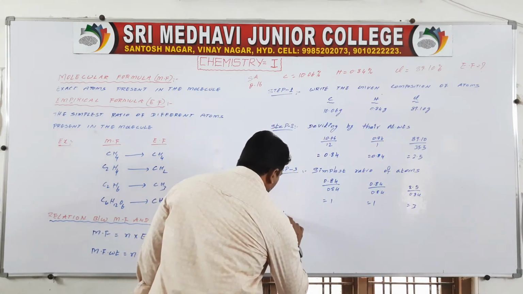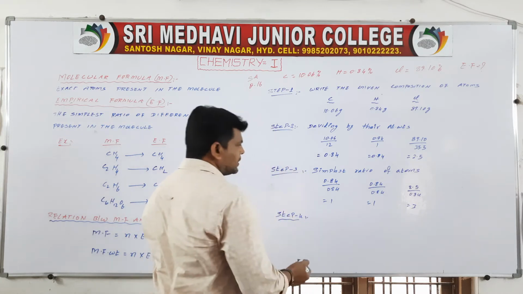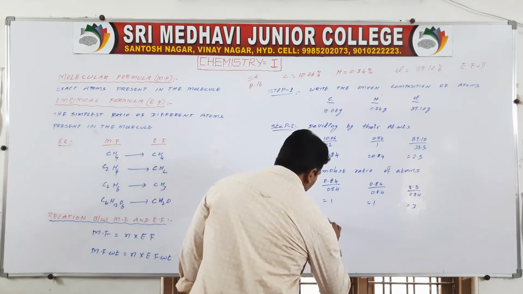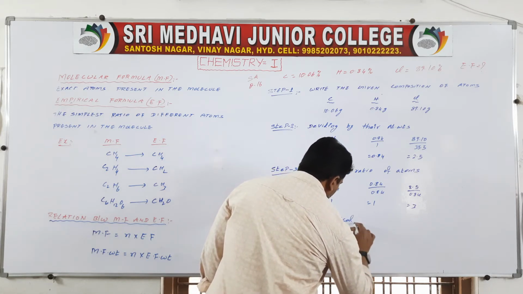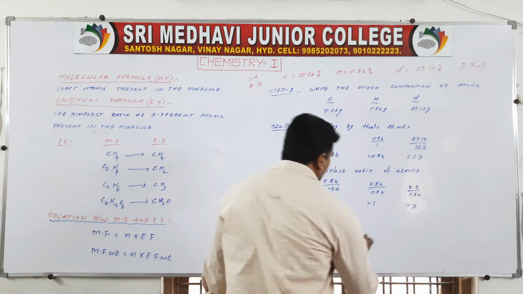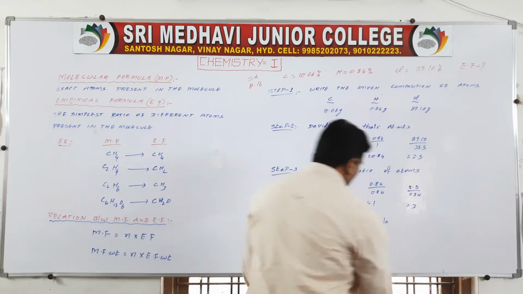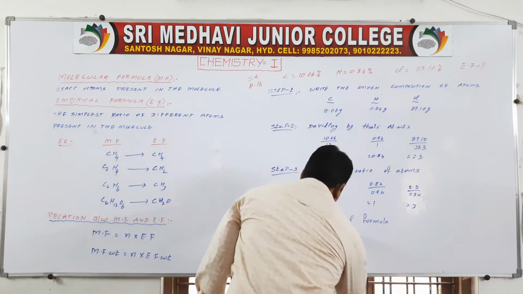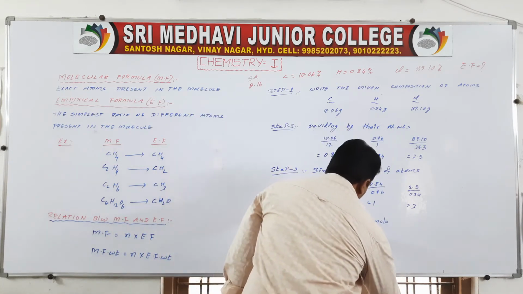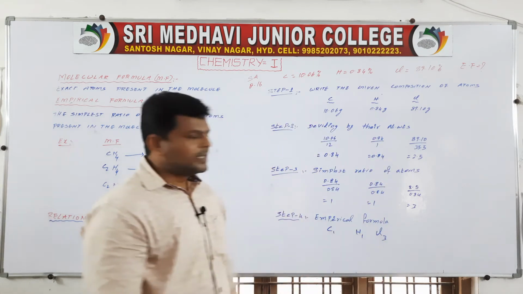Then step 4, finally the empirical formula. 1 belongs to C, so C1, hydrogen H1, then chlorine Cl3.